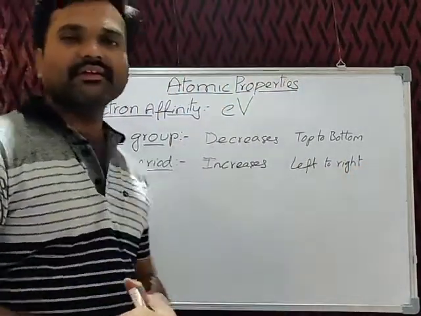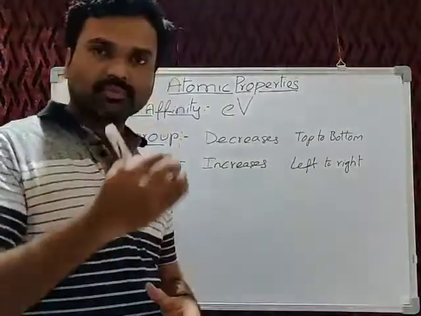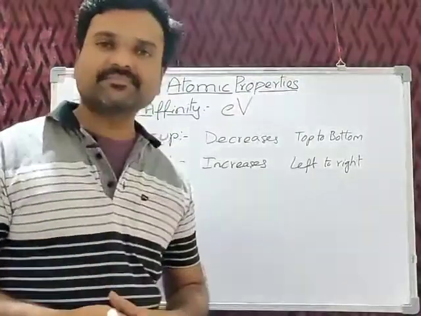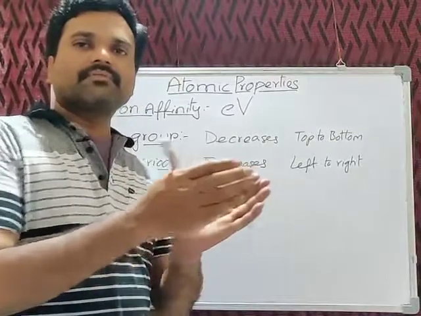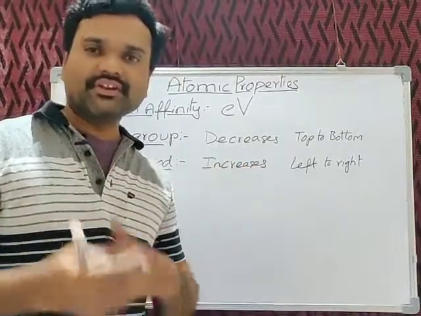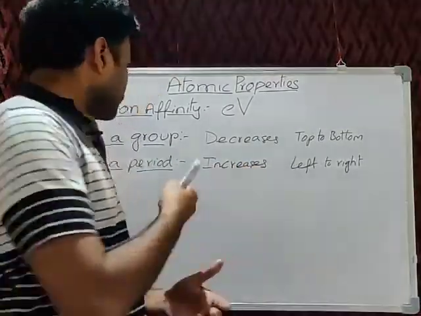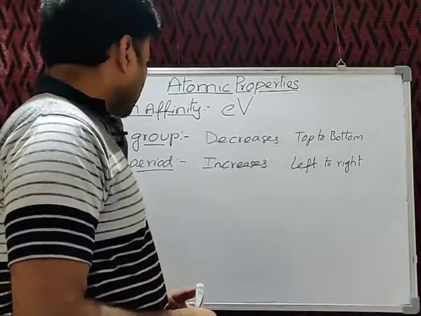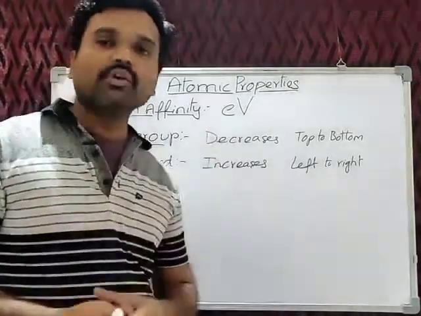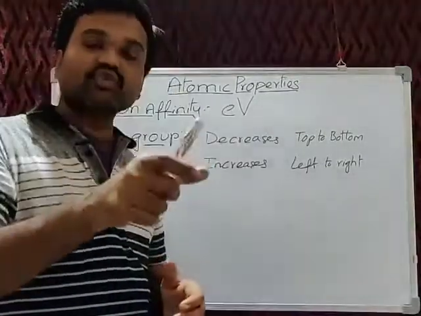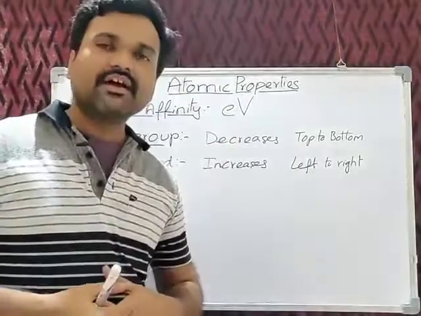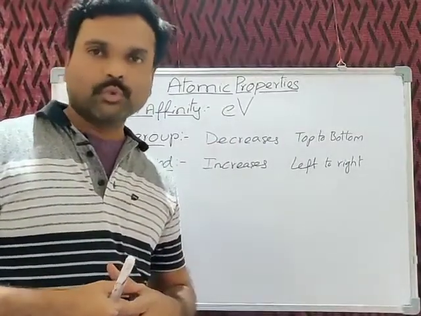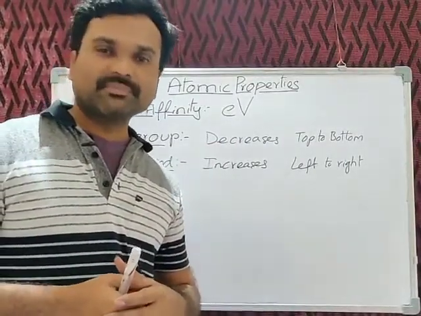Electron affinity decreases in a group from top to bottom because size increases. In a period from left to right, electron affinity increases as size decreases. For the noble gases, the last column or 8th group elements, the electron affinity value will be 0 because they won't accept any electrons.